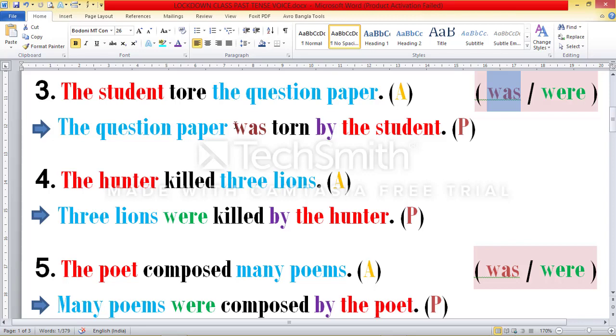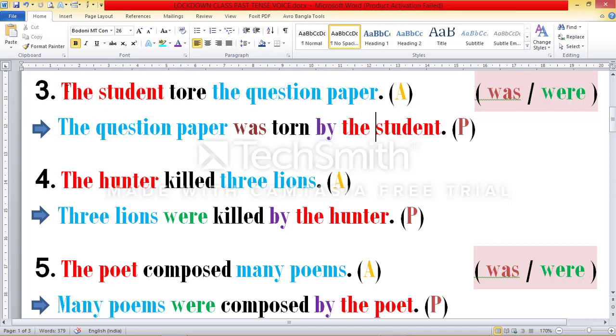So was has come. Then we have to write the third form of the verb tear. This is the second form of the verb tear. So we have to write the third form, torn: tear, tore, torn. Then generally we have to put the preposition by. So the preposition by has come after writing the third form of the verb.